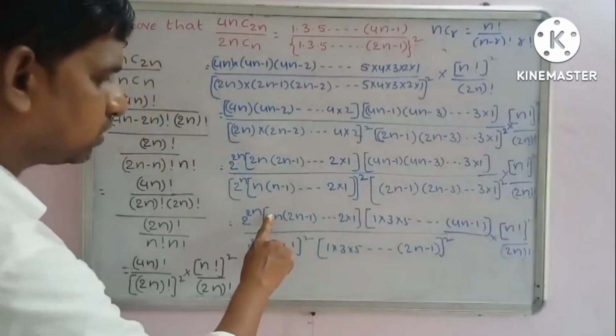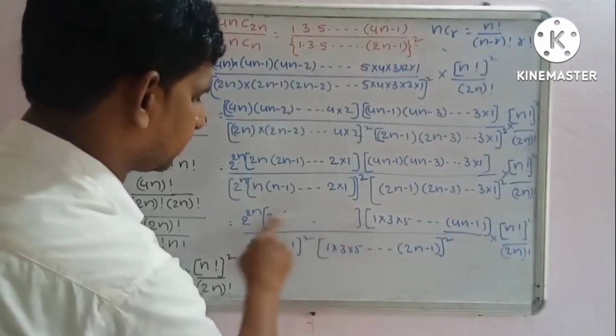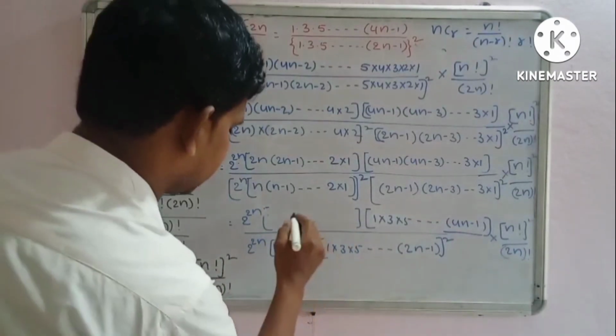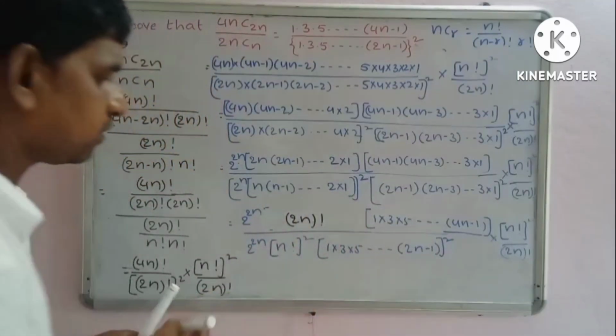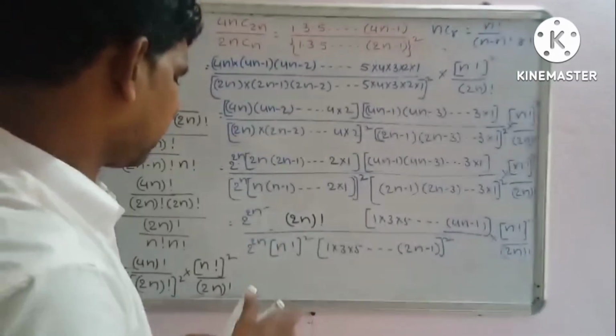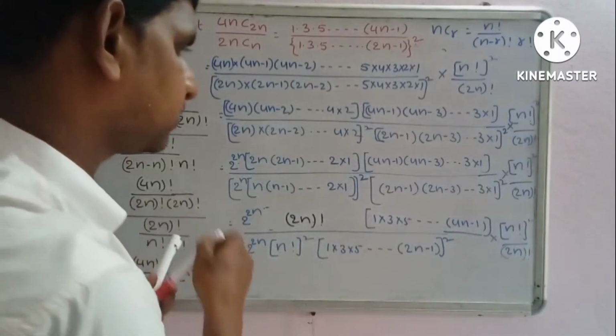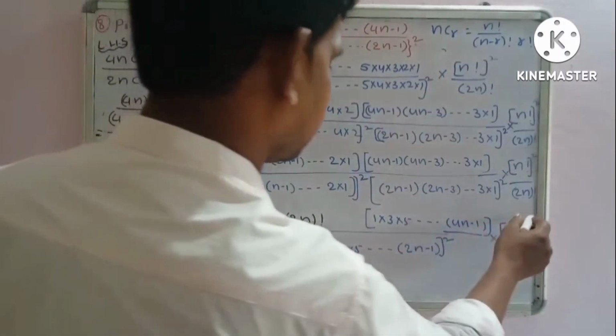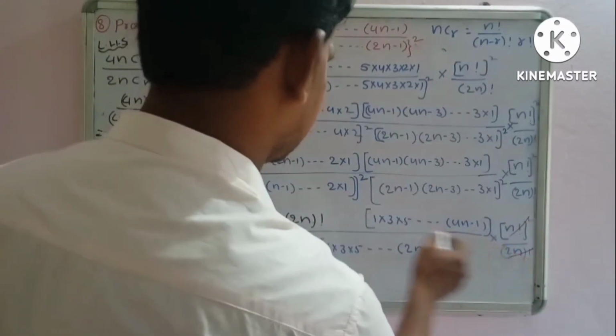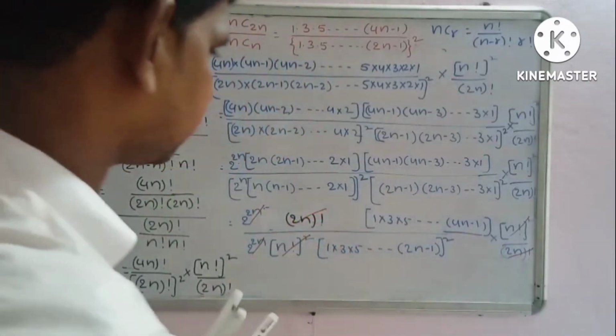So this is the value 2n factorial. Okay, now see, 2 power 2n gets cancelled. So n factorial whole square cancels, 2n factorial cancels. Still, what is the final term?